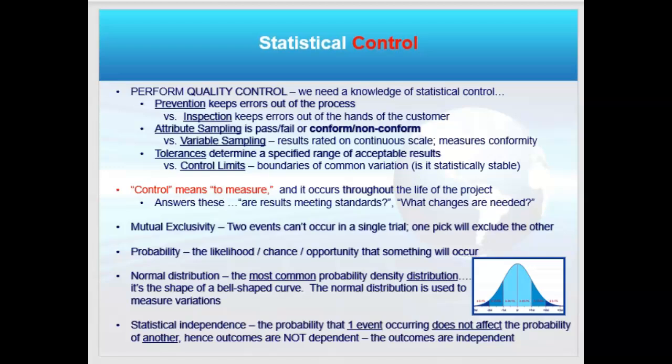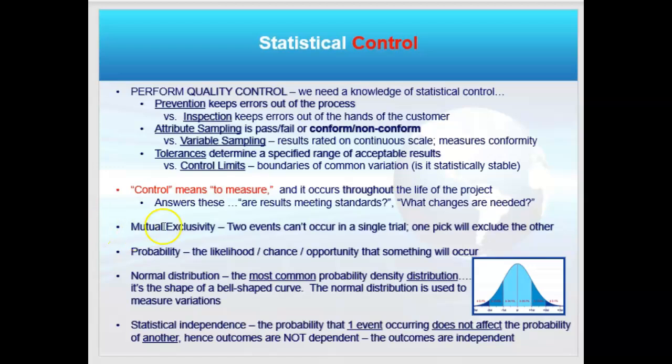And so we could use statistical control, right? And so these are some definitions to know: prevention versus inspection, attribute sampling, which is pass-fail, versus variable sampling, where the results are rated on a continuous scale, and tolerances versus control limits. You can read those for yourself.